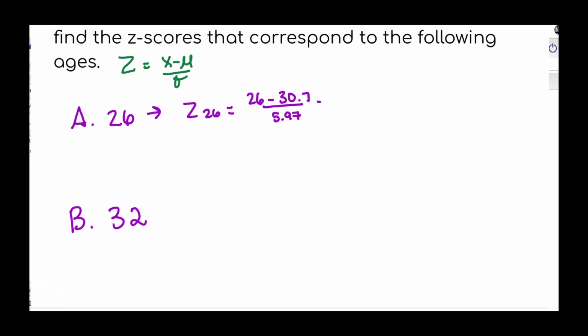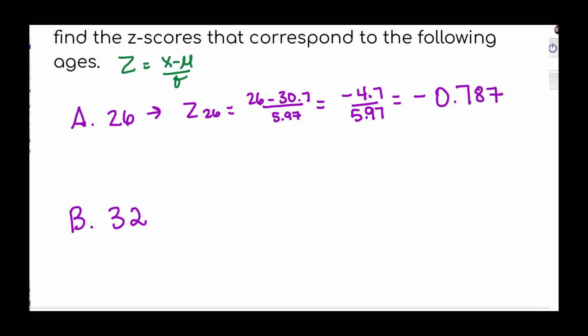So again, this was on the top. We had negative 4.7 over 5.97, and we get negative 0.787.